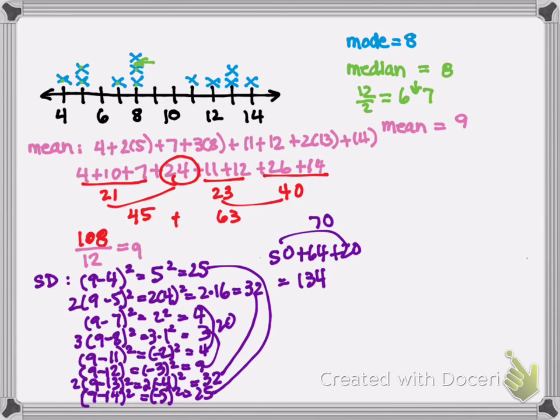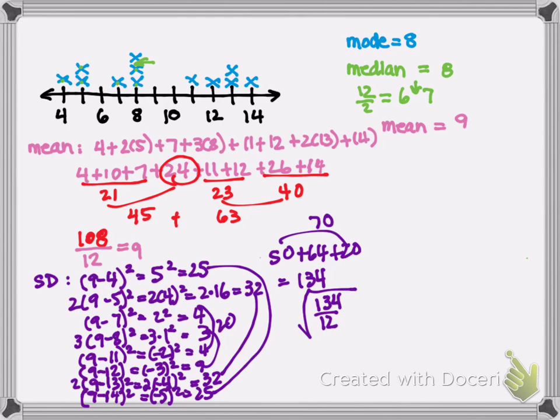Okay, now I take that sum of squared differences and I find its mean. So I take the 134 and I divide it by, I had 12 numbers. Okay, but that's not where I end. I need to take the square root of that. So that's really where I bring in my calculator, because I noticed that 12 is not going to go into 134 evenly.